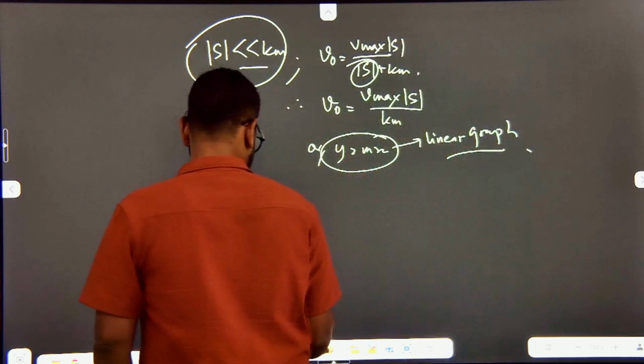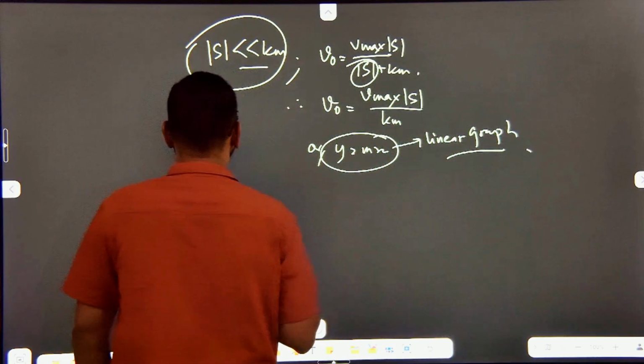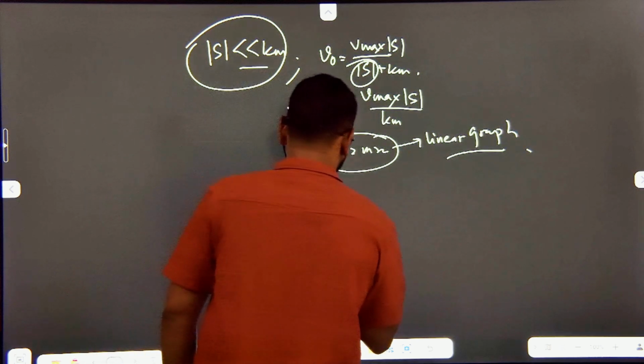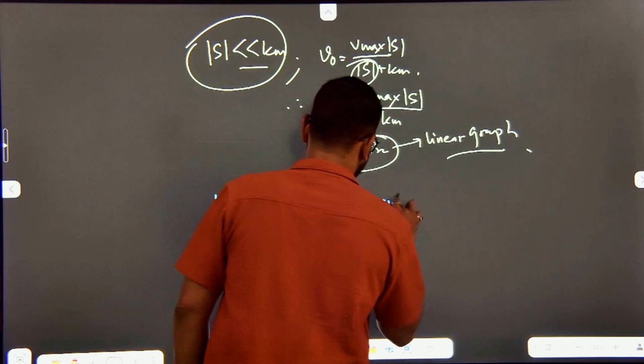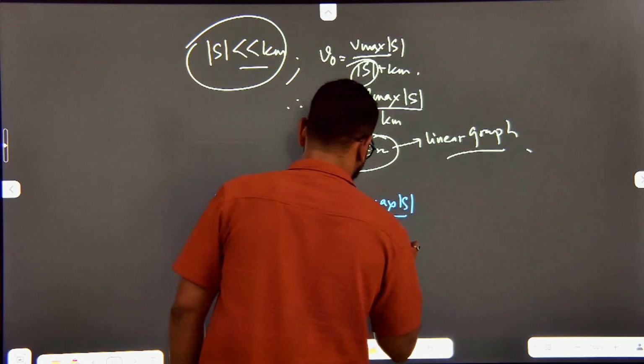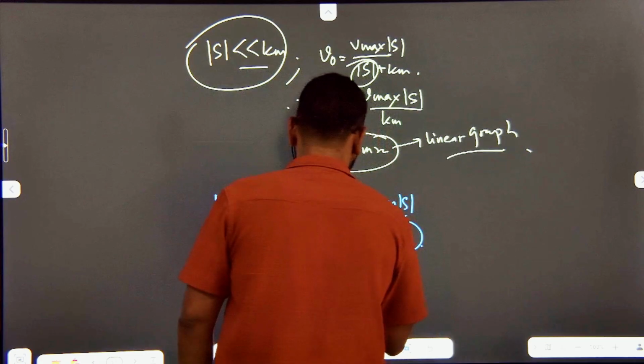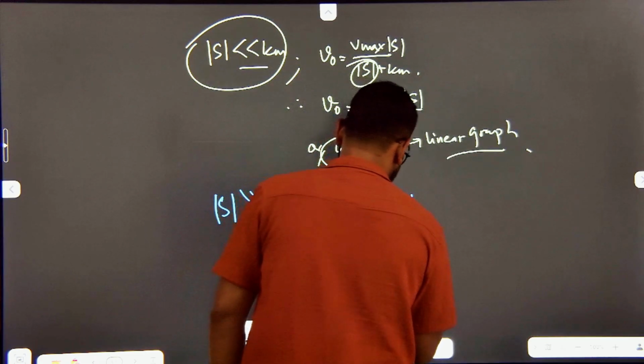That is condition 1. Condition 2: substrate concentration is much greater than Km. So V naught equals Vmax into S by S plus Km. As it's much greater than Km, Km should be negligible, therefore leaving V naught equals Vmax.